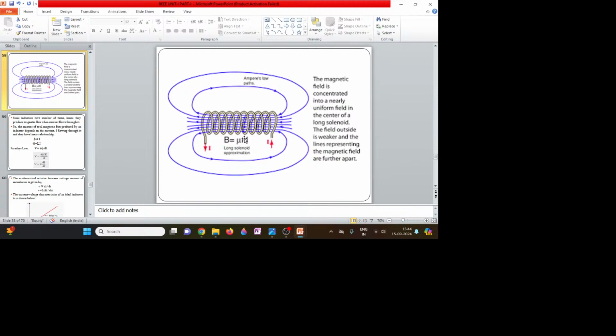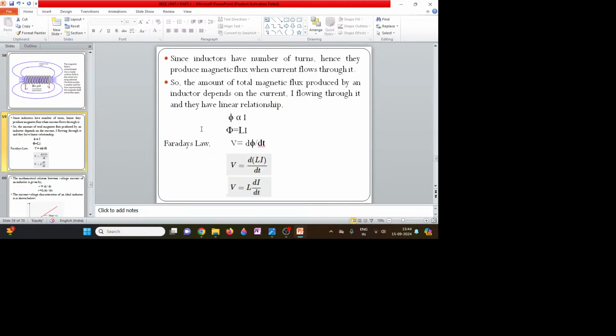Here, if current varies, automatically flux is varying. So whatever voltage is induced across this coil will be proportional to how flux is varying with respect to time within the coil. So V is equal to d phi by dt.